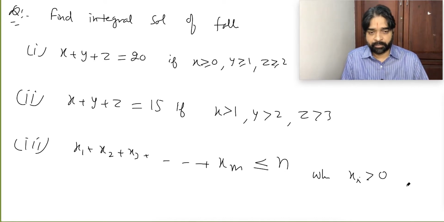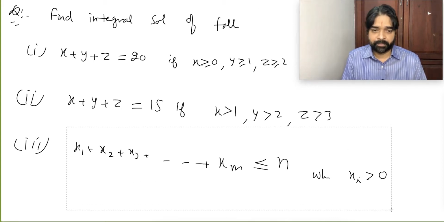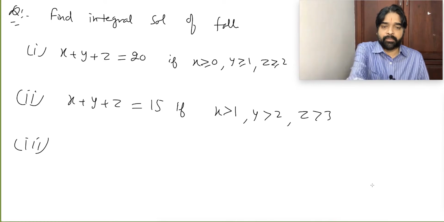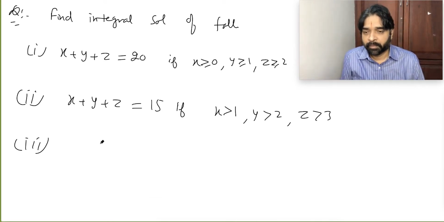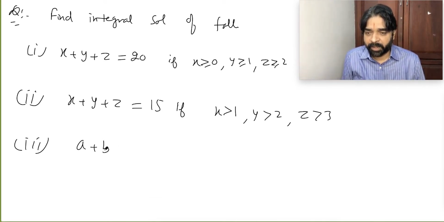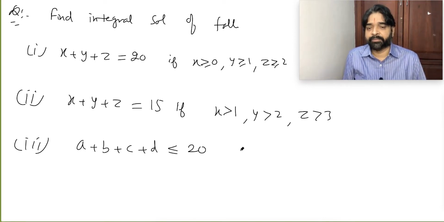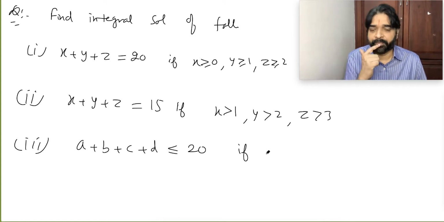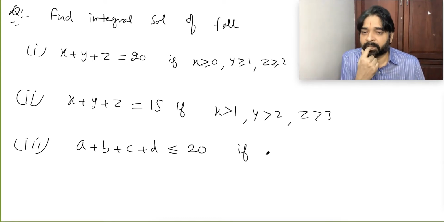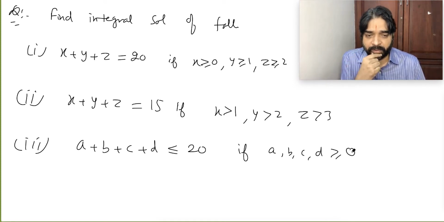Wait a minute, I think there is some problem in this question. Last question, remove it. A plus B plus C plus D less than or equal to 20 if A, B, C, D are greater than or equal to 0.